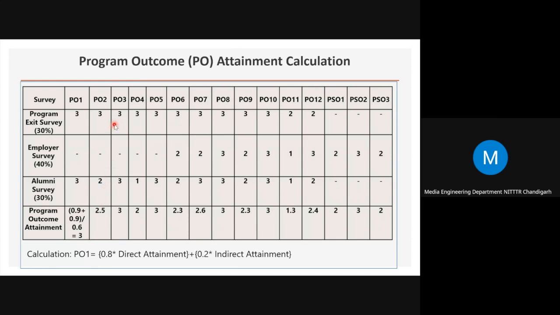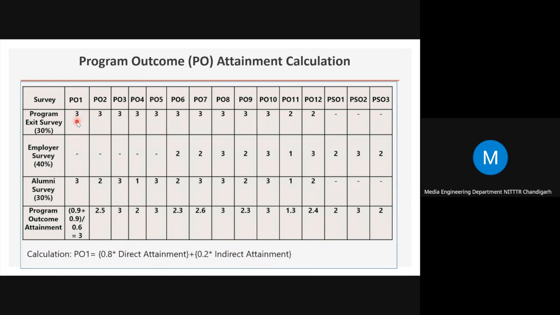Here we are talking of PO attainment directly from the surveys. Similarly, we can have CO attainment from the course exit survey. But here we are directly mapping our surveys with the POs. Now you can see these are the PO attainments from those surveys.